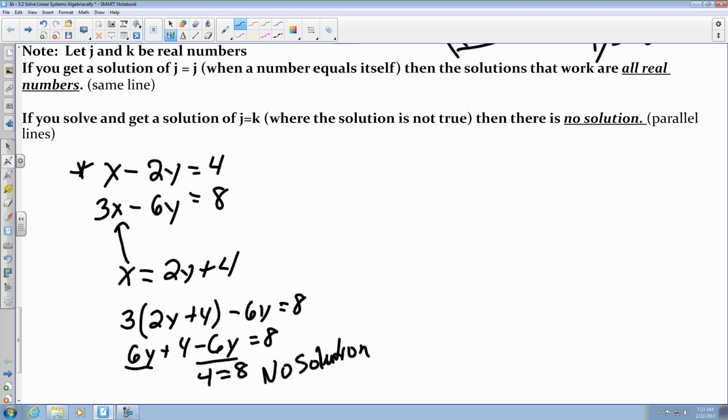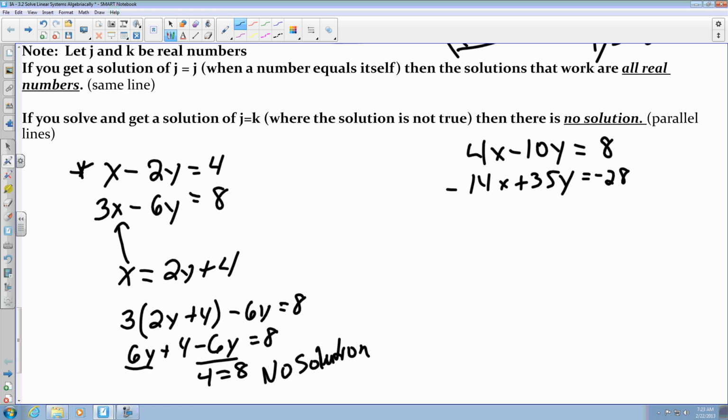If I have another system, say I'm going to put down 4x minus 10y equals 8, and then I have negative 14x plus 35y equals negative 28. So what can I do with this one?